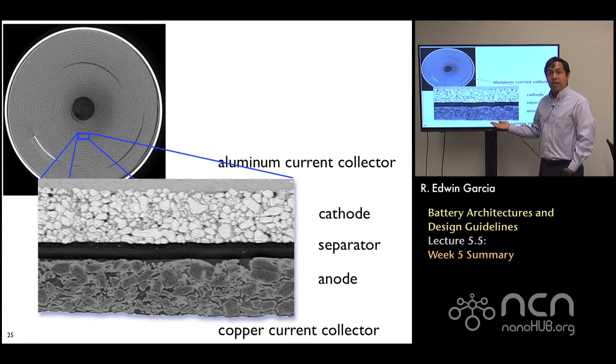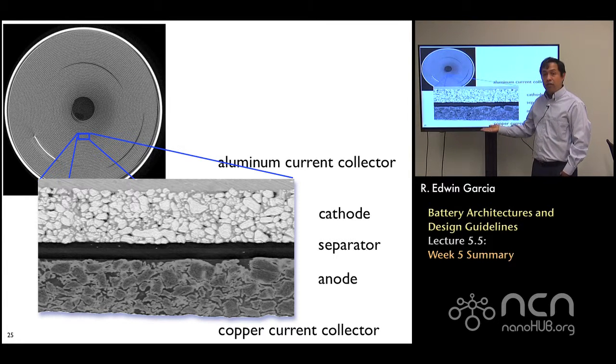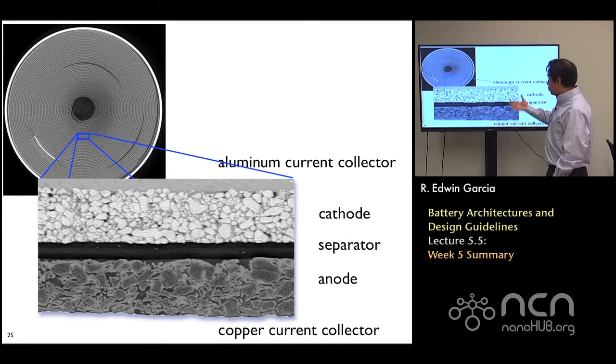I showed you this slide at the very beginning of the course, and at first look, you have the impression that the particles in this cell are randomly distributed, and it's all very serendipitous. This cross-section from Quinn Horn shows us a lot of what's actually occurring in the cell.